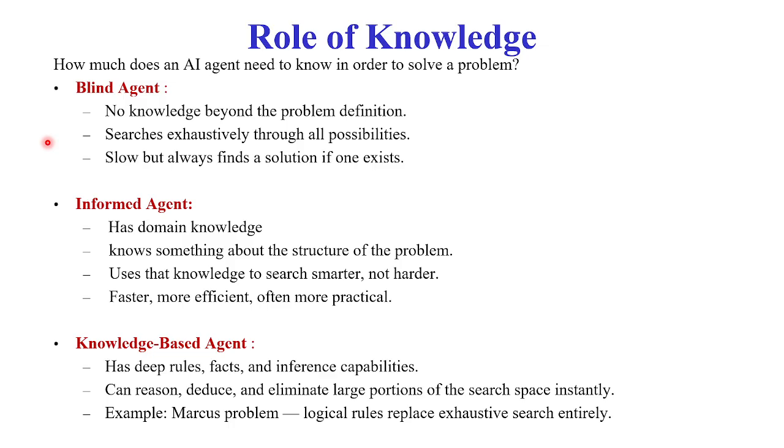The blind agent knows nothing beyond the problem definition itself. What exactly does it know? It knows the starting state. It knows what actions it can take. And it knows what the goal looks like. That's all.